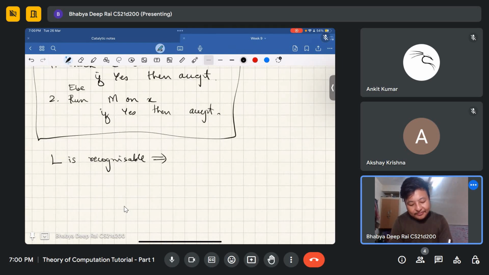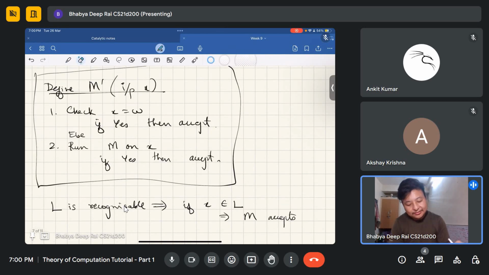This means that if X belongs to L, then M will definitely say yes. M accepts. M will never loop.